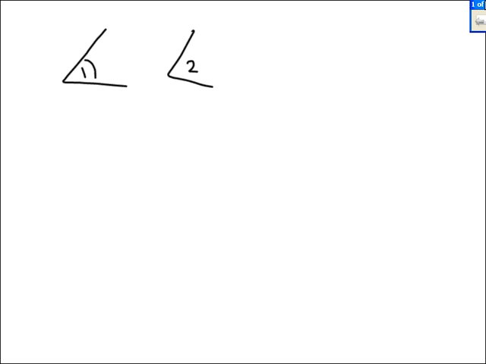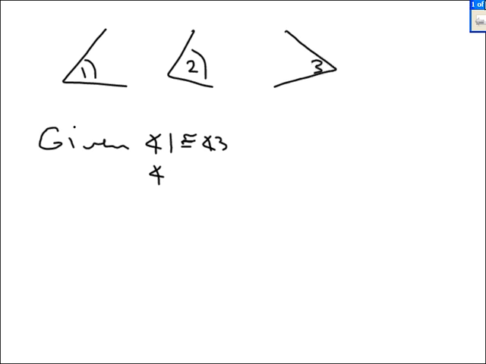If you have three angles and you come to know that angle 1 and angle 3 are congruent, and also angle 2 and angle 3 are congruent, well, angle 1 and angle 3 have the same measurement, and angle 2 and angle 3 have the same measurement.